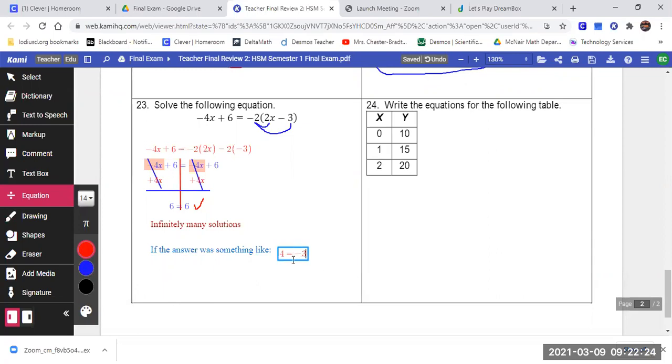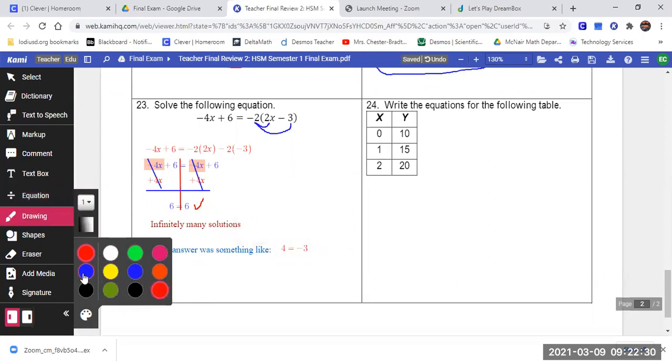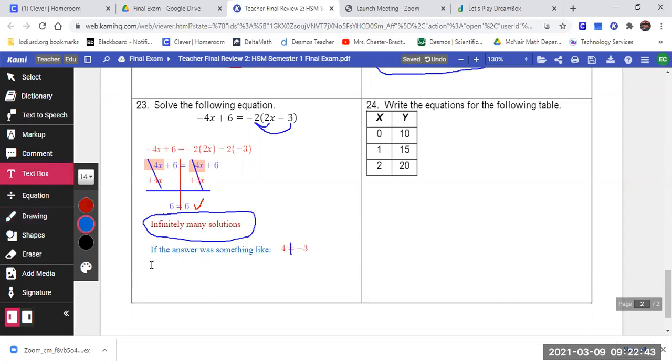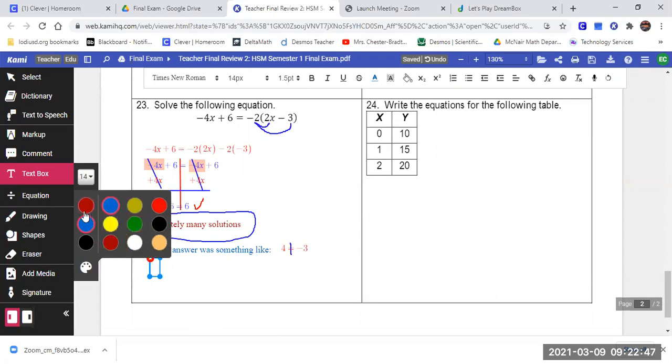What's that one going to be? Is that going to be a slash or is that going to be a check mark? That's going to be a slash because 4 does not equal negative 3, right? So what would we say our answer is for this situation? No solution. So we put them on each other's reverse.